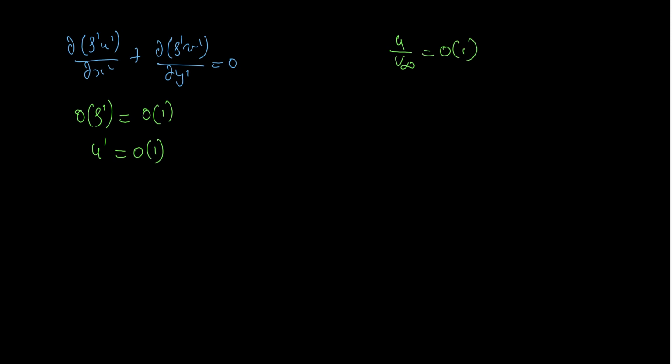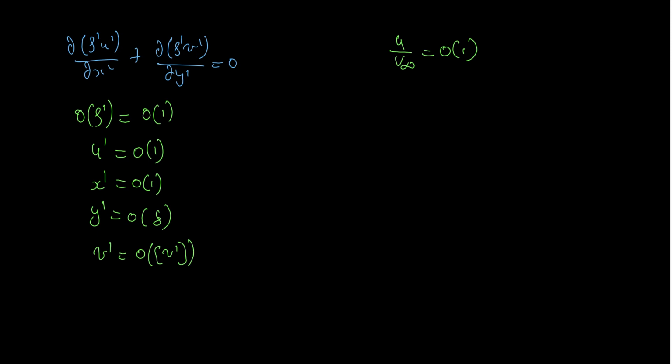That is my u prime. My x prime is also of order 1. My y prime will be of order delta, because that is the boundary layer thickness that we have assumed. And again, our v prime, we don't know what the order of v prime is. Let us just have it as order of v prime. We need to find it out.